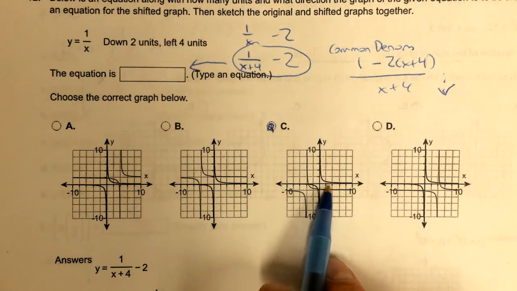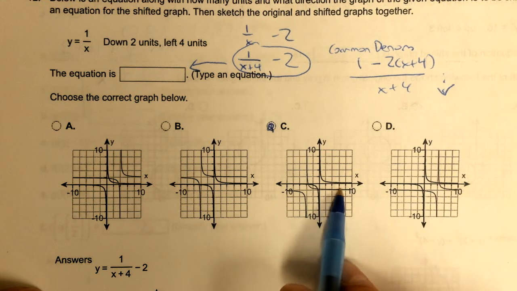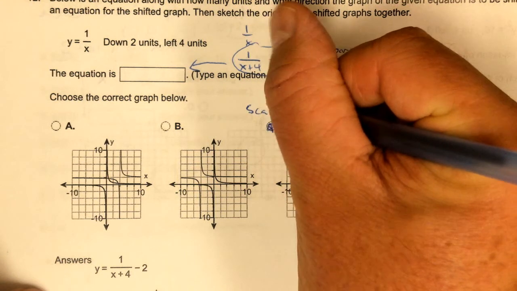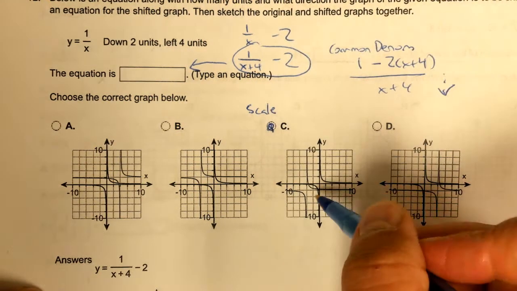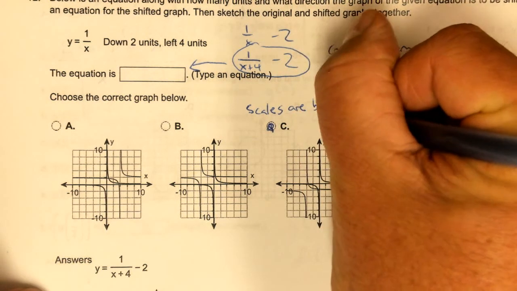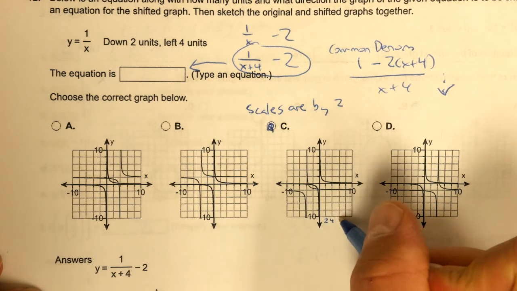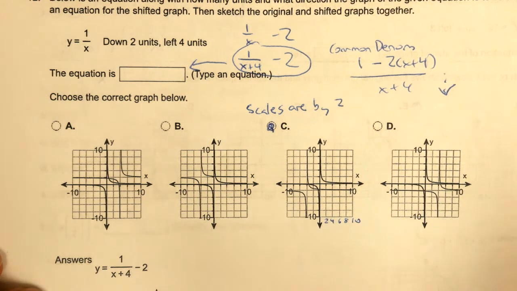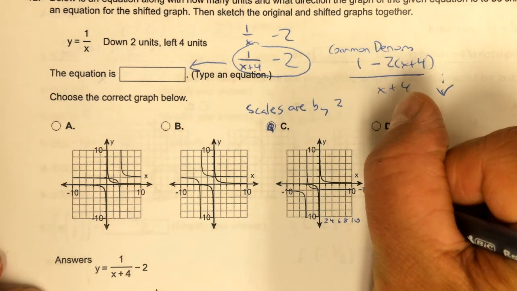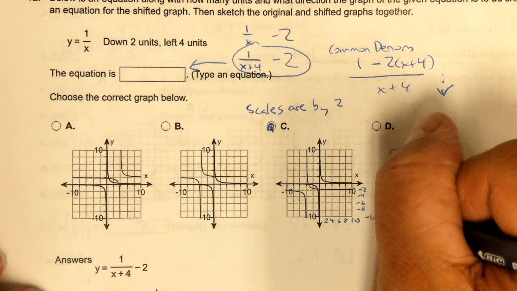And you can count. Now on this, 2, 4, 6, 8, 10, yeah. Notice your X scale, and probably your Y scale too. Yeah, your scales are by 2. So in other words, 2, 4, 6, 8, 10. And also up here, -2, -4, -6, -8, -10.